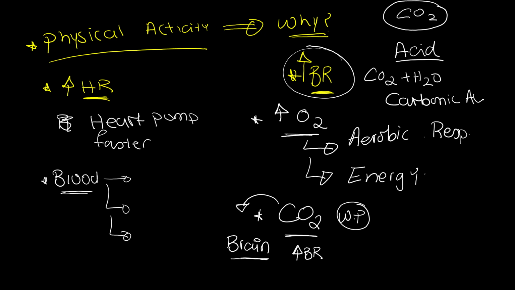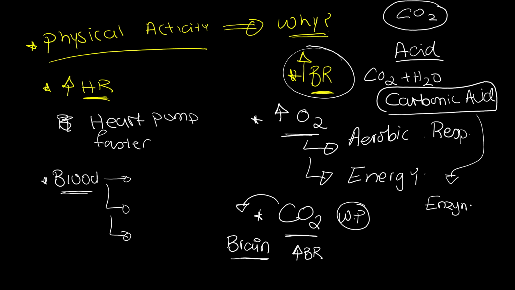You don't have to know the name of the acid, but carbon dioxide is very dangerous because if it remains in your blood and dissolves in the water in your blood, it will produce an acid. This acid is very dangerous to your enzymes. What does it do to your enzymes? It changes the pH. It denatures them.